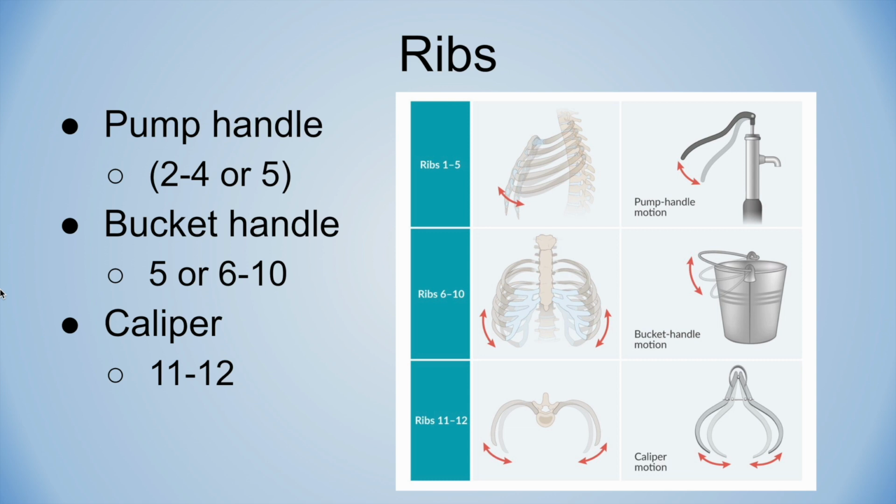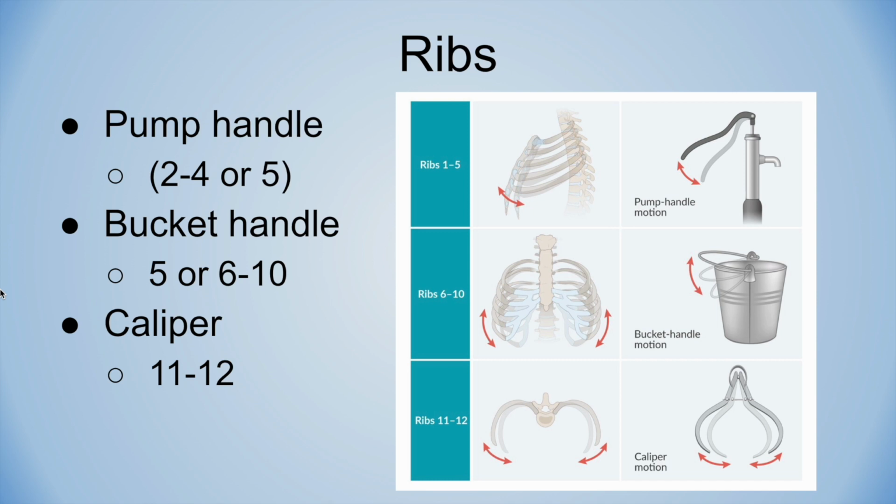And then ribs 6 through 10 will move superior and inferior on the lateral portions there, much like a bucket handle might move up and down on the side of that bucket, increasing that medial to lateral diameter of the chest to allow more expansion, let the diaphragm descend and take a deep breath, and that'll be ribs about 5 or 6 through 10.